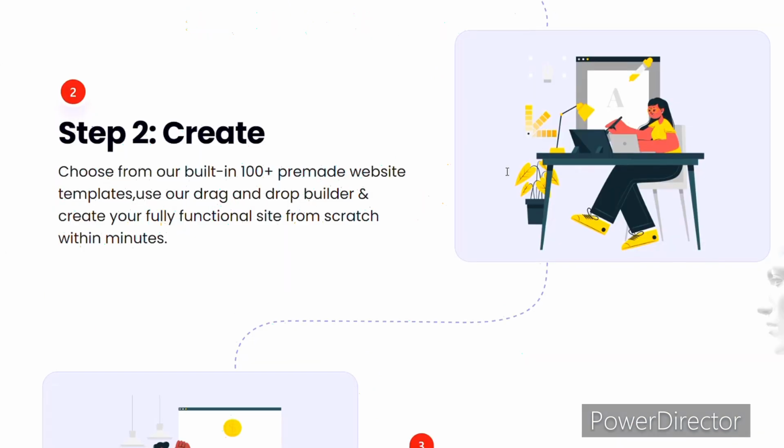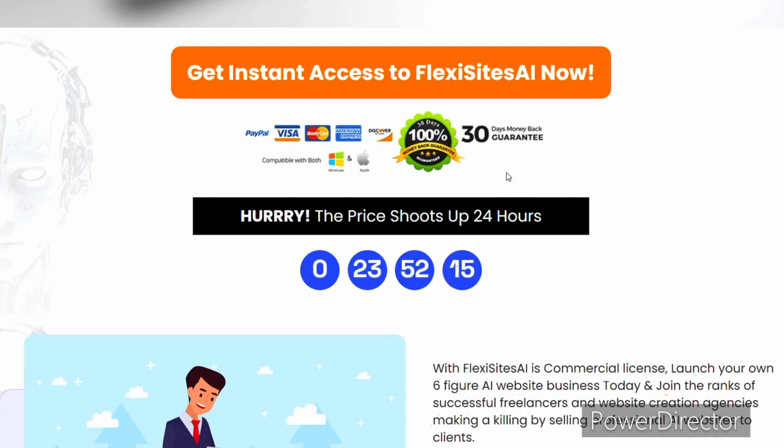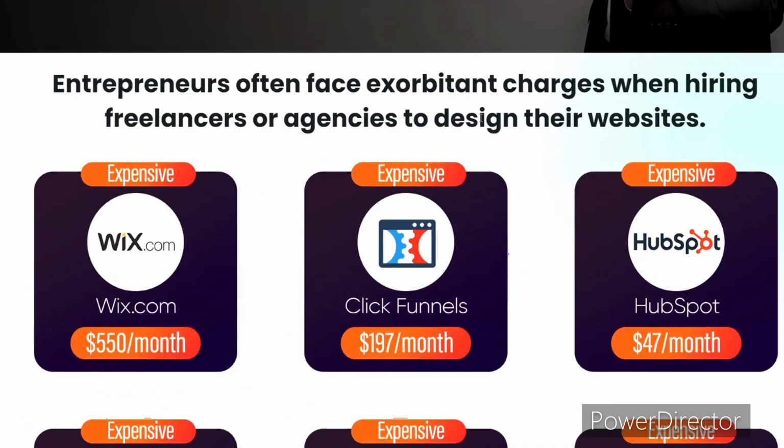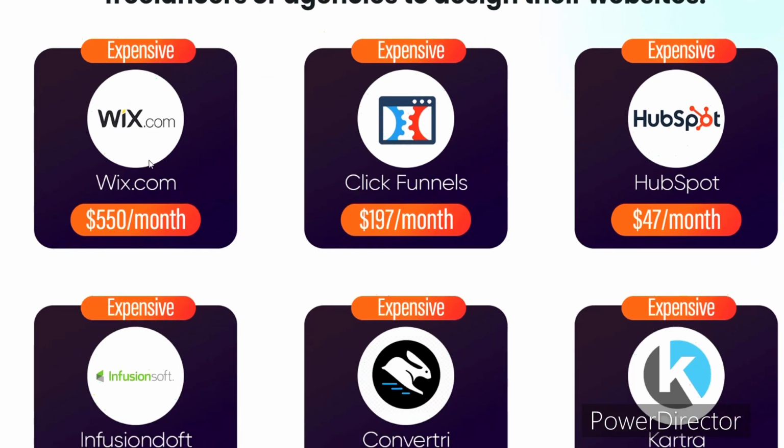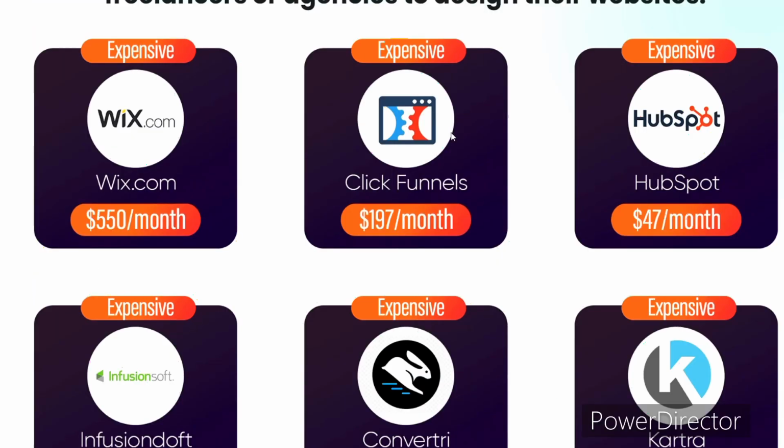Before we jump into the tutorial, I would like to show you the price of FlexiSites AI. It is an alternative to Wix.com, ClickFunnels, HubSpot, Infusion, Convertri, and Kartra also. These platforms are very expensive. If you look at Wix.com, it is going to cost you $550 per month. ClickFunnels is going to cost you $197.